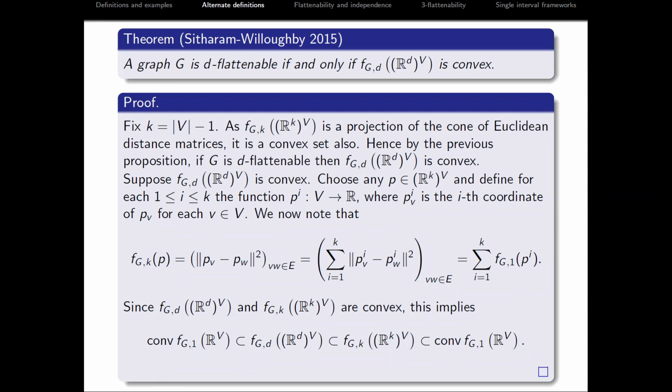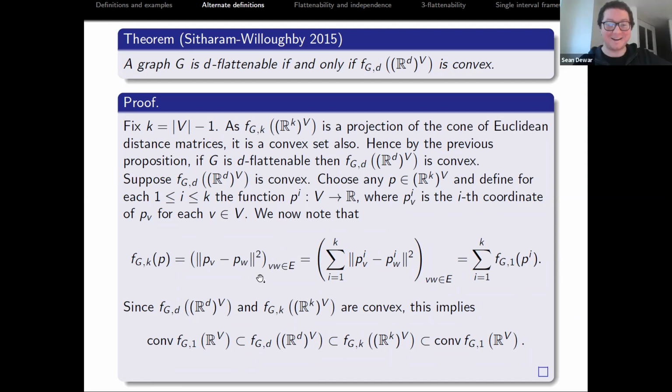Okay, then can you continue? Because I got distracted. Oh, sorry. Okay, sorry. What I was going to say is, if you ignore the word convex hull here, the set of edge lengths of the one-dimensional realizations lies inside the set of the edge lengths of the d-dimensional realizations, because every one-dimensional realization is a d-dimensional realization.